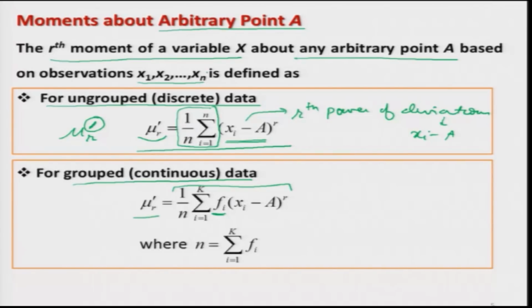This is also denoted as mu r prime, although I agree that the mu r prime for the grouped and ungrouped data should have different notations, but we are using the same notation because at a time we are going to handle either the discrete case or the continuous case. So, this is how we define the rth moment of a continuous variable x around any arbitrary point A, and here this n is going to be the sum of all the frequencies. So, you can see here this is the same function that we have just developed.